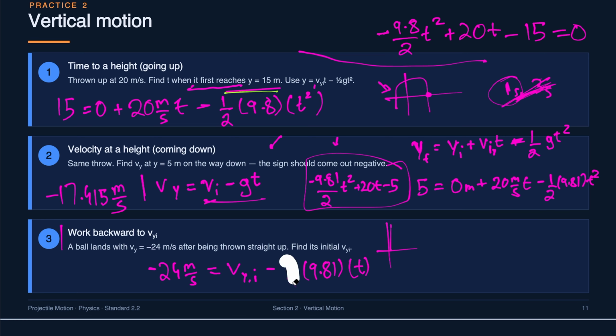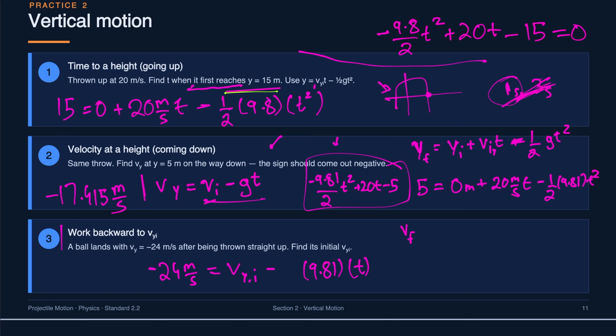Problem is we have two variables here, right? And we want to find one of them. So the other way, I could also use a different equation, right? I could use the other equation.